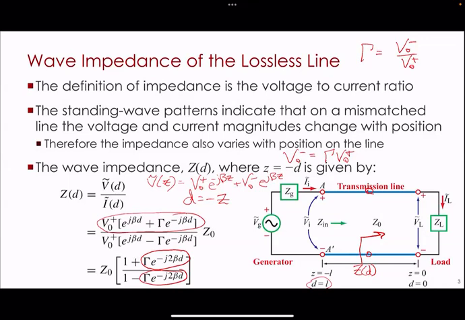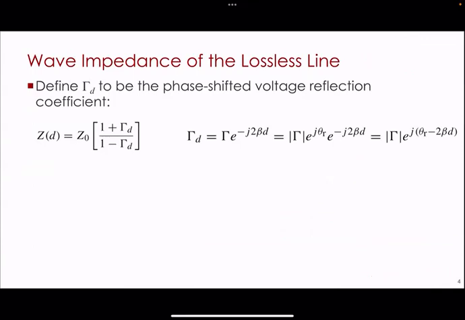So what we can call this is just gamma d. So that's all we've done. We just replaced what was in the previous formula with a gamma d. D meaning it is a reflection coefficient, but it's at some position d on the line.